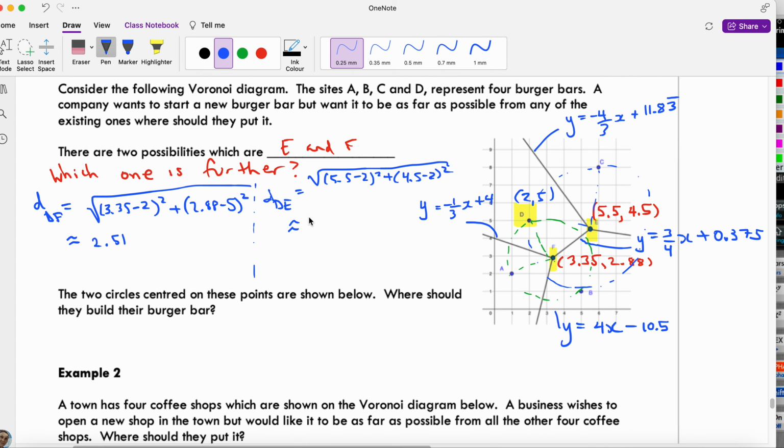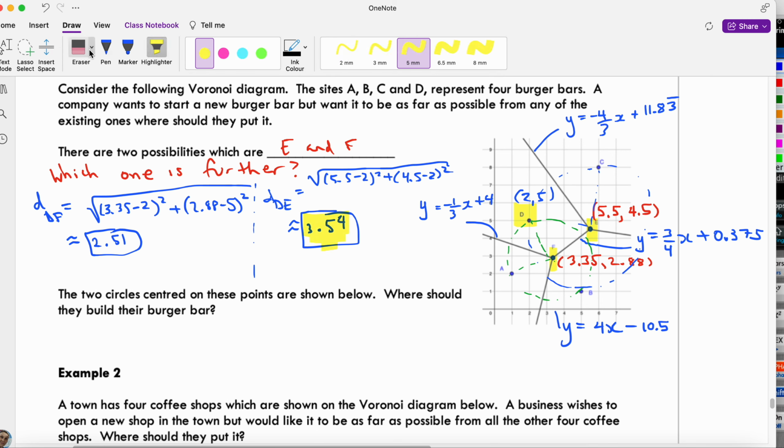And if you type that in, then what you end up with is 3.54. So DE. It already looked like this, right? But basically that means that the distances to these 3 burger bars are further away. Where's the third one? Further away from E. So you would want to be opening your burger bar at E rather than at F.